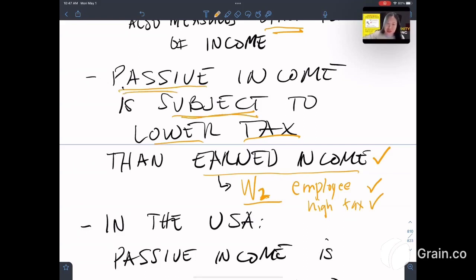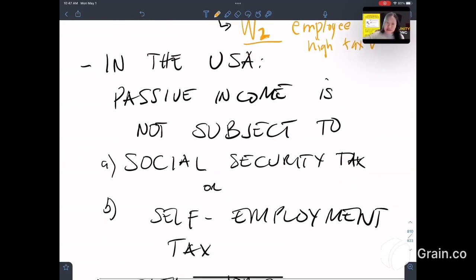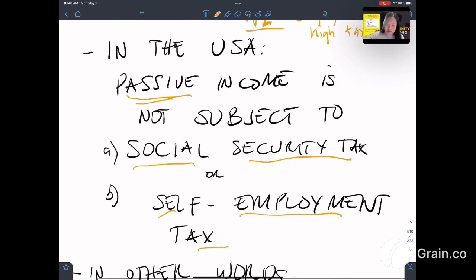Passive income is subject to a lower tax than the money we get when we earn the money working as an employee. In the USA, passive income is not subject to Social Security tax or self-employment tax. What does it mean by not subject to? When we have passive income, the Social Security tax is not deducted, and the self-employment tax is not deducted.